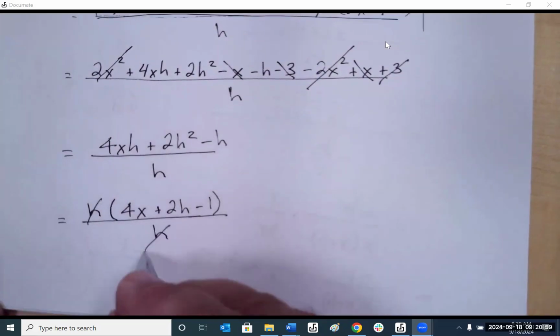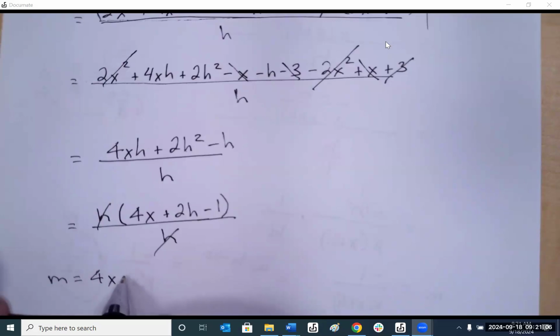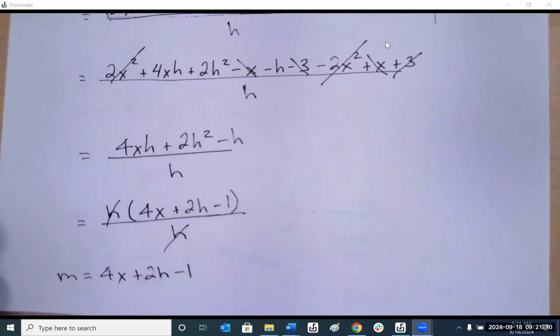Now the h's can cancel. So my slope equation is that.